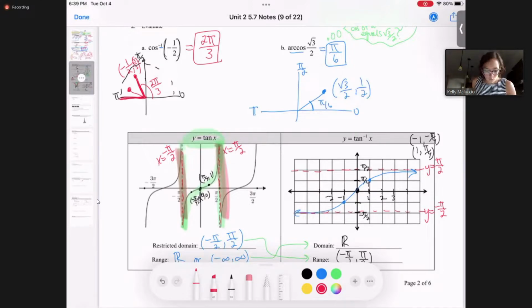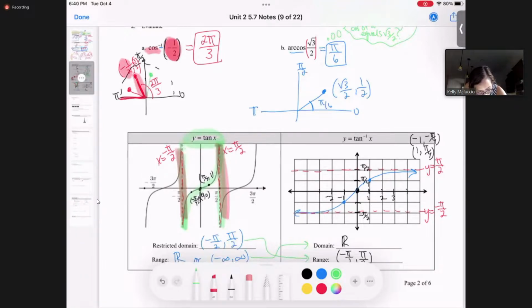Yeah, so I think maybe you were looking at part B, but for this problem we want -1/2 to be cosine. So we want this, and that's definitely the point at 2 pi over 3. We're not looking at the square root 3 over 2 in this problem, right? We want the -1/2, and that's going to be my cosine for 2 pi over 3. If you're thinking of the reciprocal, hold on, give me a moment.